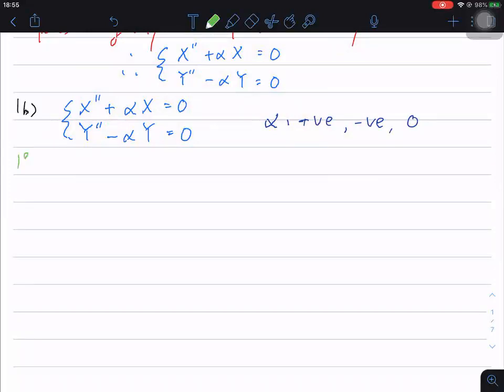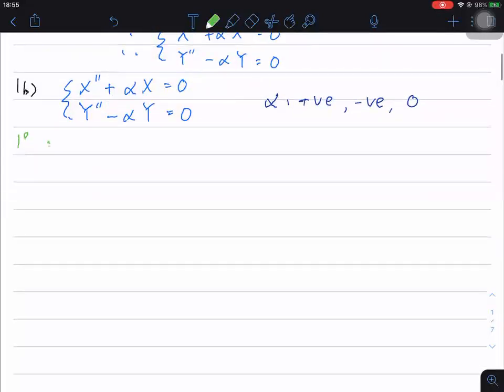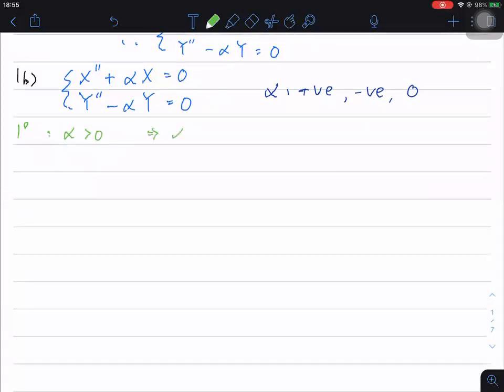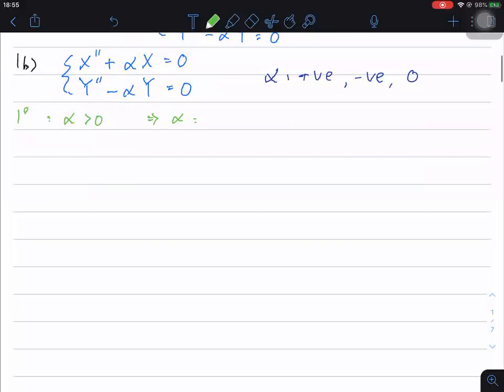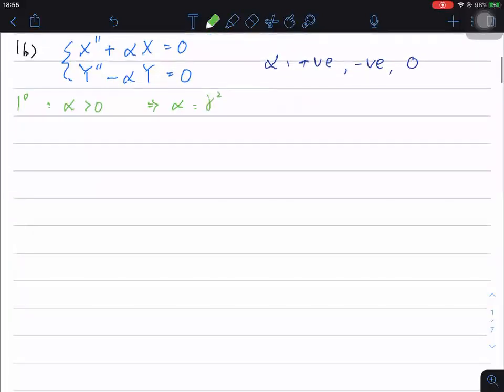For the first case, alpha is a positive number, so we can write alpha as a square number, let's say gamma square. Okay, so we can rewrite the two equations as follows. Again, gamma is a constant.